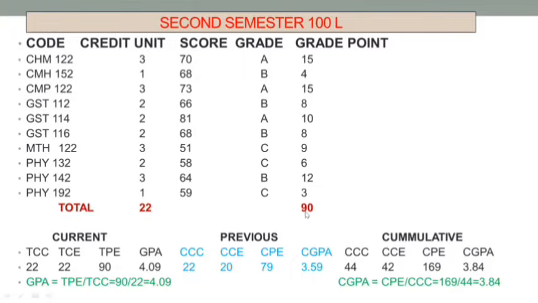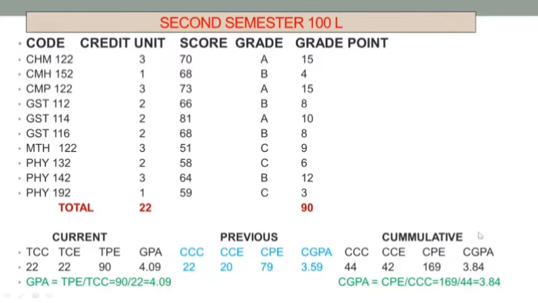The total point earned is 90. So how do we calculate GPA? It's 90 over 22, which is 4.09. So this semester, the candidate increased. When we look at the previous, the candidate started with 3.95. Then the current semester is 4.09.